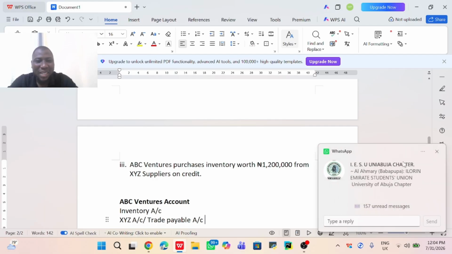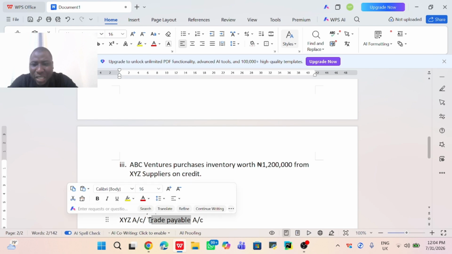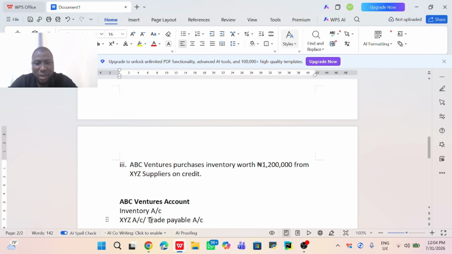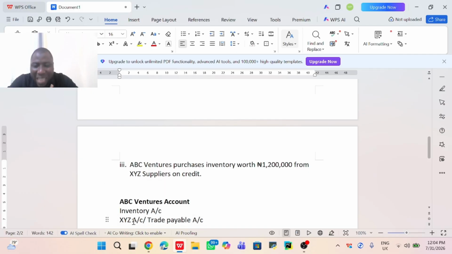Because you purchased this on credit, you have not paid. That makes you a creditor. Yeah, you are still owing. Trade payable means creditor. You owe XYZ. After you know these two, who is to be debited, who is to be credited?